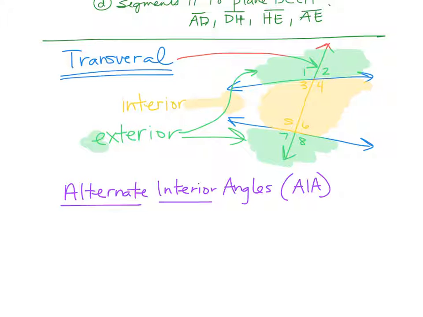Jason. Basically, it's the one on the opposite side where it's 3 with the 6, right? Right, so it's on opposite sides of your figure. So 3 and 6, right? Those are on opposite sides of the transversal, and they will be inside the other two lines. So alternate interior angles here would be angle 3 and angle 6. Do you see another pair of alternate interiors?